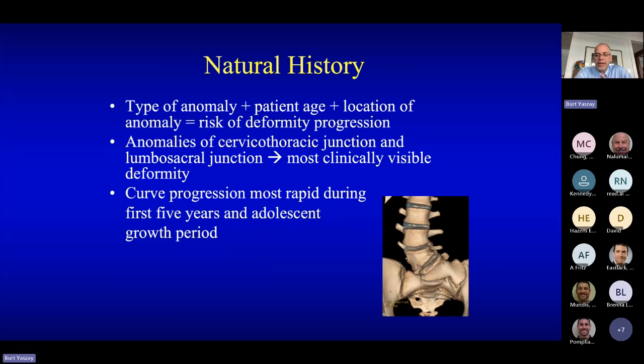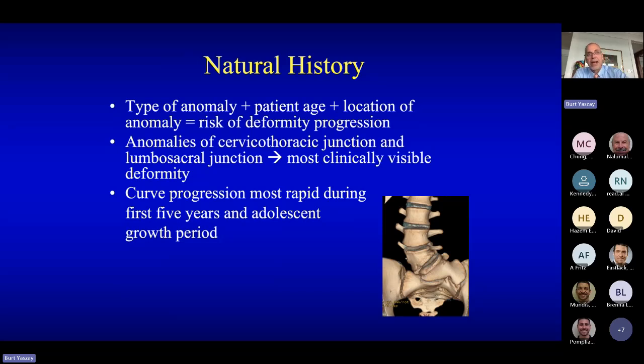If we look at the natural history of congenital scoliosis, and where it can be a problem or how it leads to further deformity of the spine, it's dependent on the type of anomaly, the patient's age, which means growth potential, and the location of the anomaly. Typically, anomalies at the cervicothoracic junction or the lumbosacral junction are the most clinically visible.